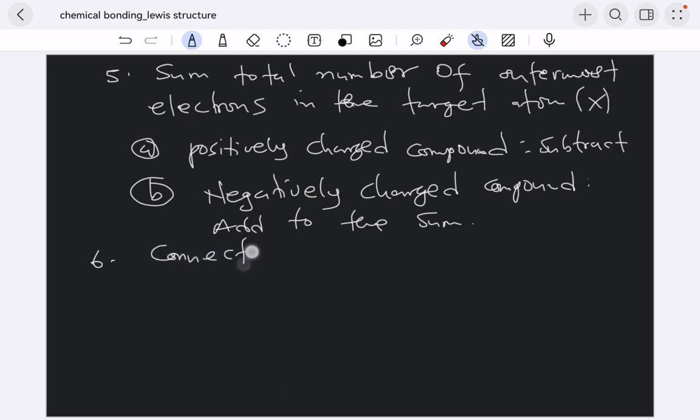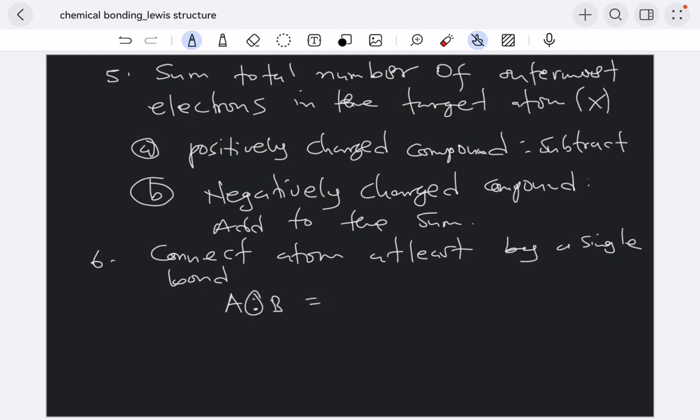When connecting atoms, at least we use a single bond. So if I'm connecting A to B, a pair will mean that A is a single bond.